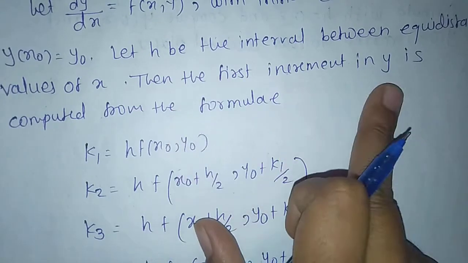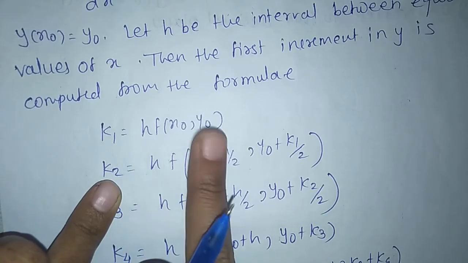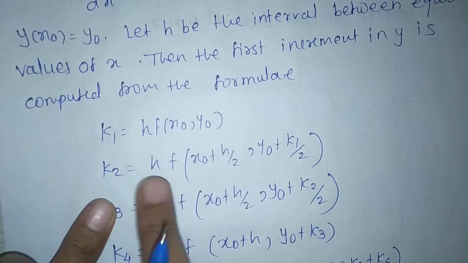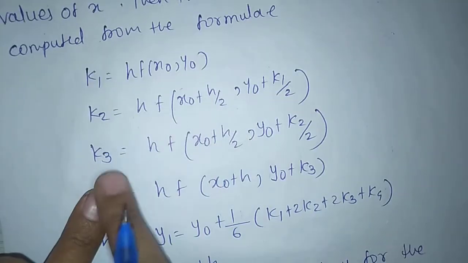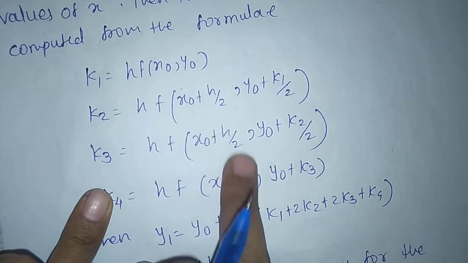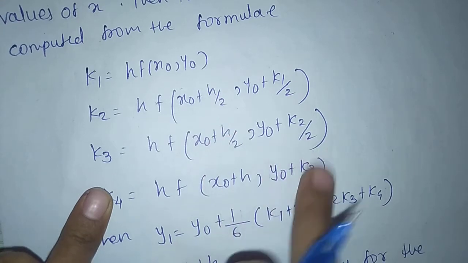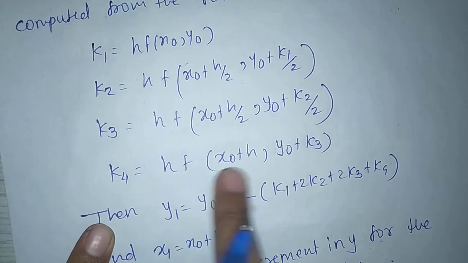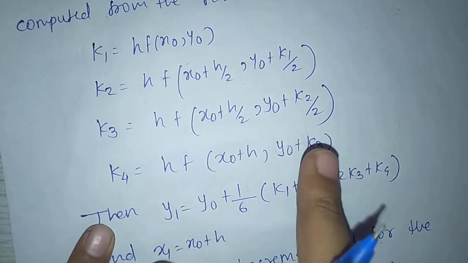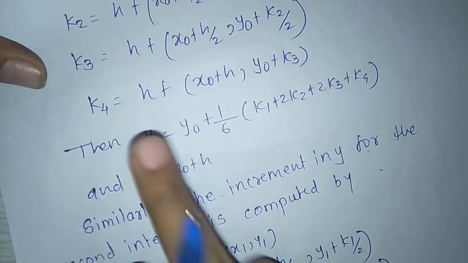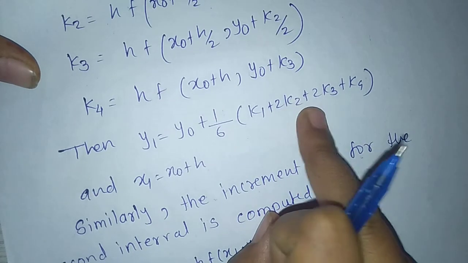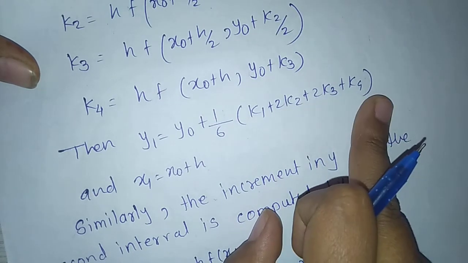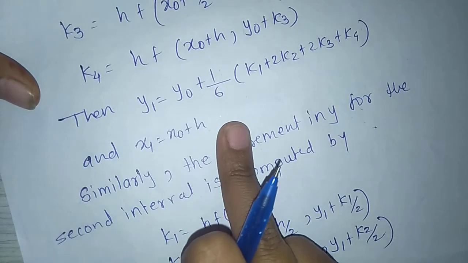Then the first increment in y is computed from the formula k1 equal to h into f of x naught, y naught, k2 equal to h into f of x naught plus h upon 2, y naught plus k1 upon 2, k3 equal to h into f of x naught plus h upon 2, y naught plus k2 upon 2, k4 equal to h into f of x naught plus h, y naught plus k3. Then y1 equal to y naught plus 1 upon 6 into k1 plus 2k2 plus 2k3 plus k4, and x1 equal to x naught plus h.